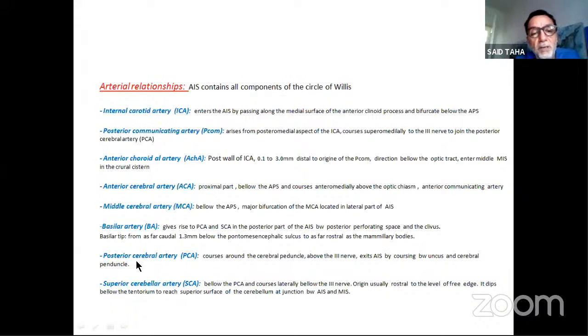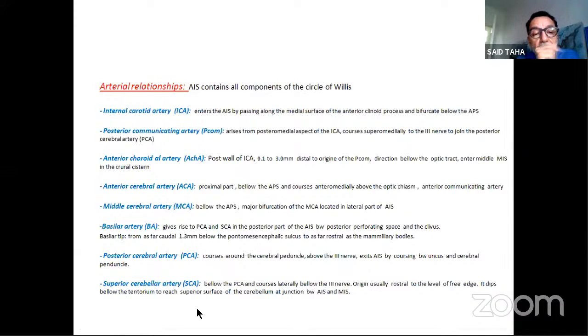For the posterior cerebral artery, it goes around the cerebral peduncle above the third nerve and exits by coursing below the uncus and the cerebral peduncle to enter the middle incisural space.